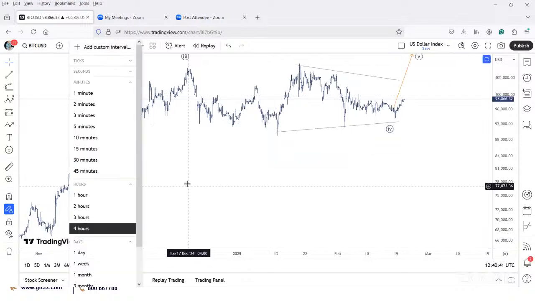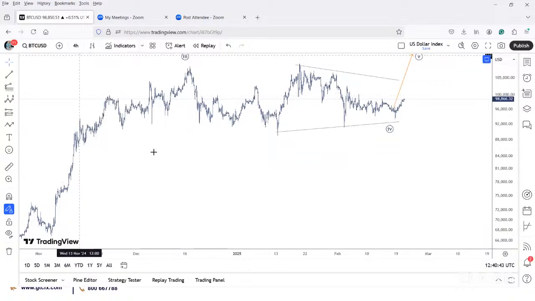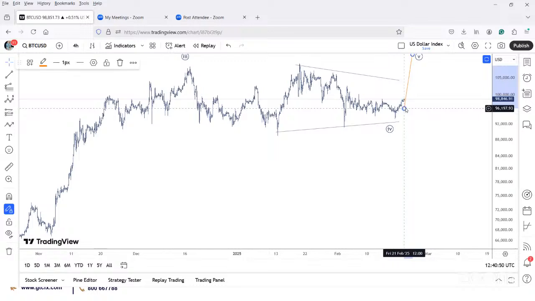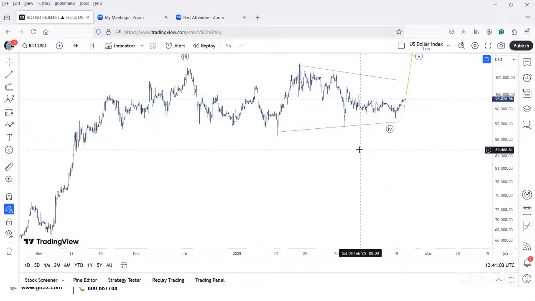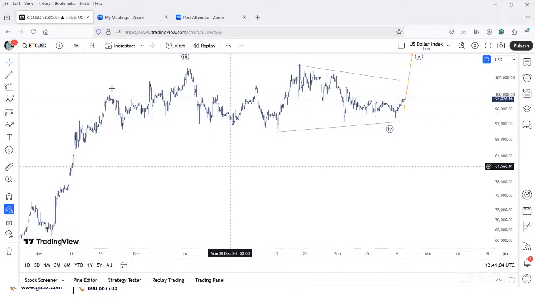I've already done the counts for us, and this was discussed on Wednesday. And price action on Wednesday was somewhere around this price. That is 18th or 19th of February. It was around the 95,000 mark. And today we are almost 99, which is the first target.